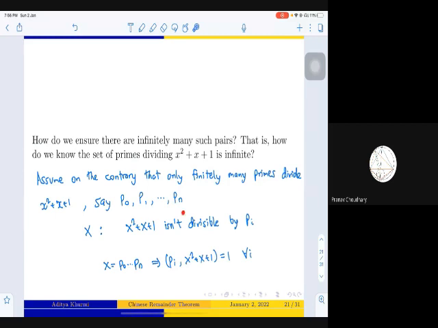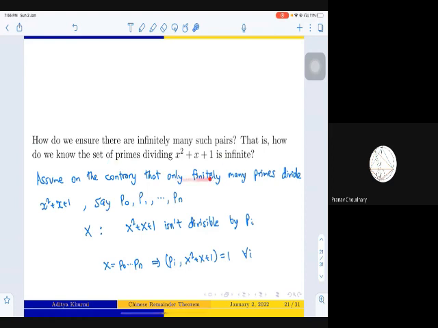P naught till pn, nothing can divide x square plus x plus 1 if x is this product. So what that means is that this must have a new prime factor. This must have some prime factor, and it can't be one of these. That means there must be some other prime factor, which is a contradiction.